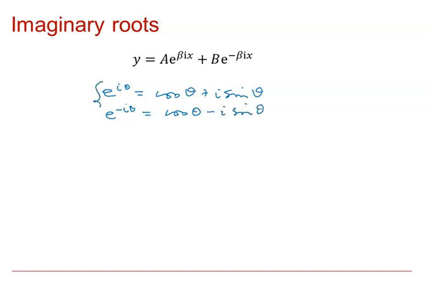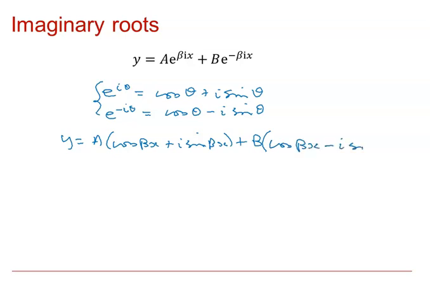Using these two definitions, we can rewrite y as a, so e to the beta x i would become cos beta x plus i sine beta x, plus b, and e to the minus beta x i would become cos beta x minus i sine beta x.